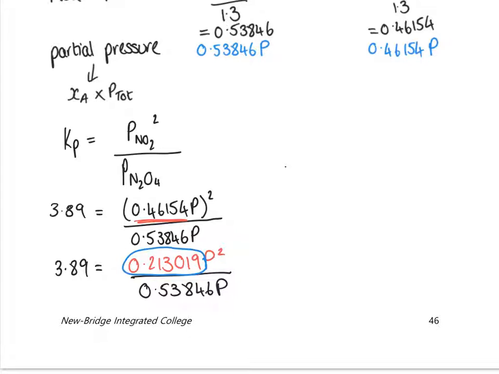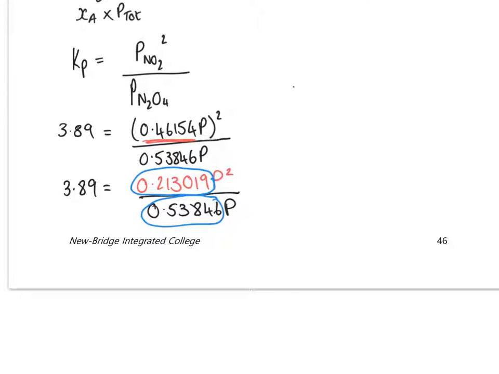So doing 0.213019 divided by 0.53846. That gets me 0.3956. And then I can divide my P's down separately as well.